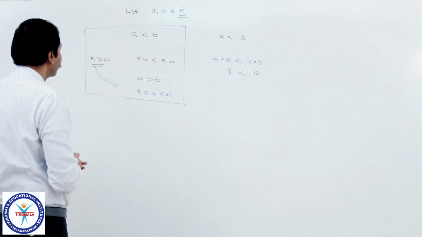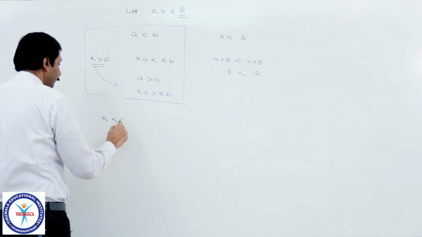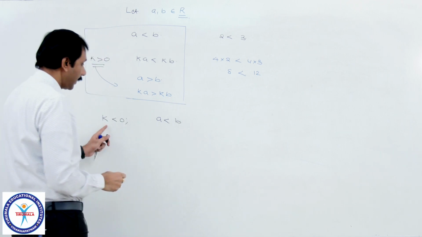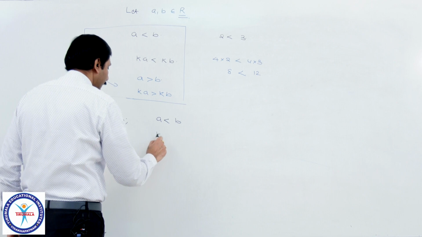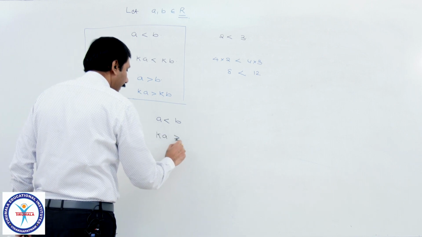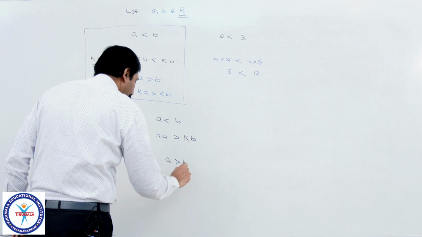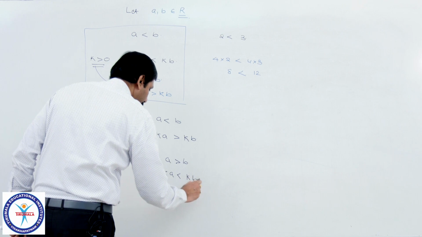And second, whenever you take k less than 0 and a less than b, if you multiply with a negative real number, ka will become greater than kb, or if you take a greater than b, ka will become less than kb.